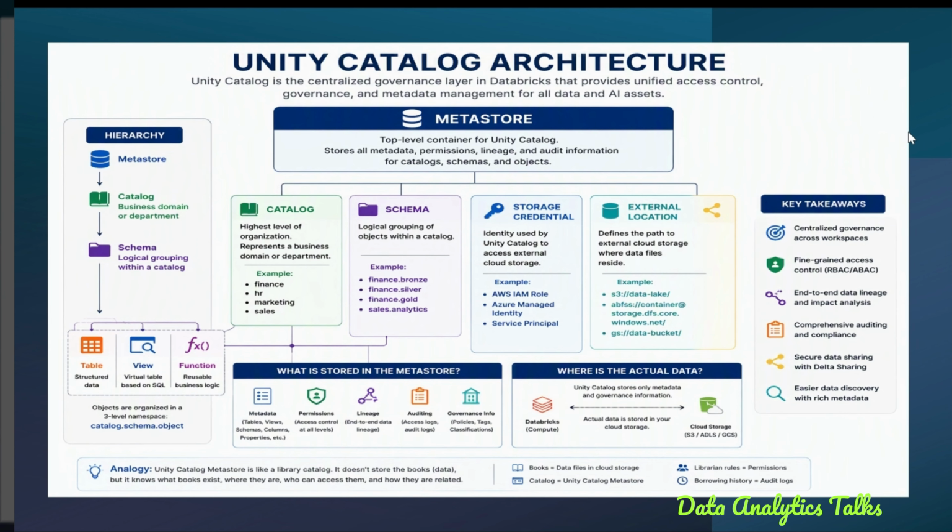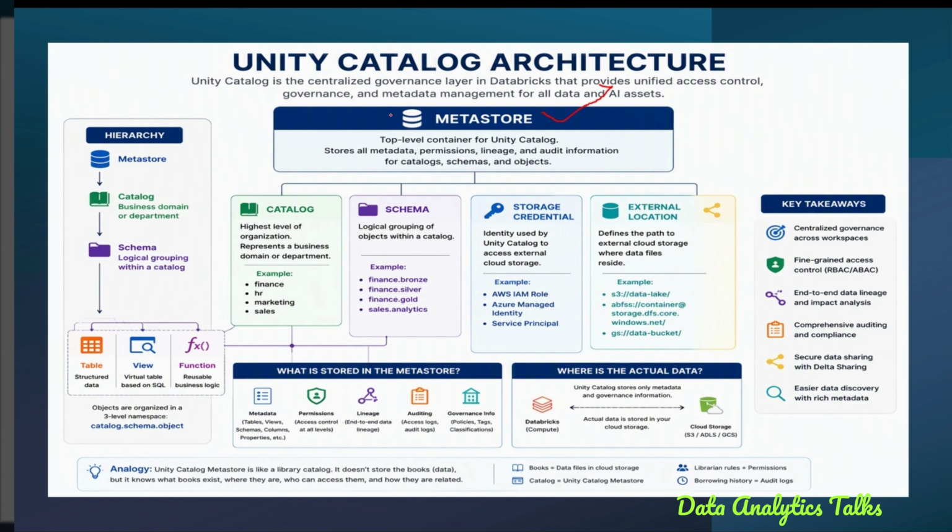Now, understanding the architecture of the Unity Catalog is important for everybody, including the data engineer, data architect, governance professional. So anybody who is interacting with the Databricks or data lake. At the top of the Unity Catalog, we have Metastore.